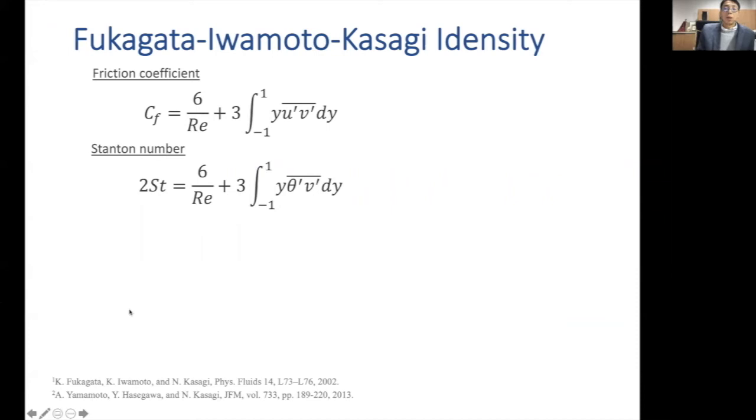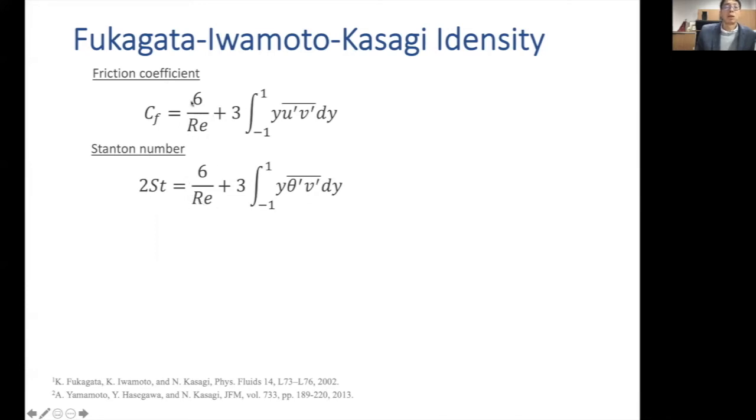The starting point is that we use the Fukagata Iwamoto Kasagi identity, the so-called FIK identity. The friction coefficient can be expressed as the sum of the laminar contribution and the turbulent contribution. And the turbulent contribution is the weighted Reynolds shear stress. In a similar way, in the present condition, the Stanton number is also written like this, as here we assume Prandtl number equal to 1.